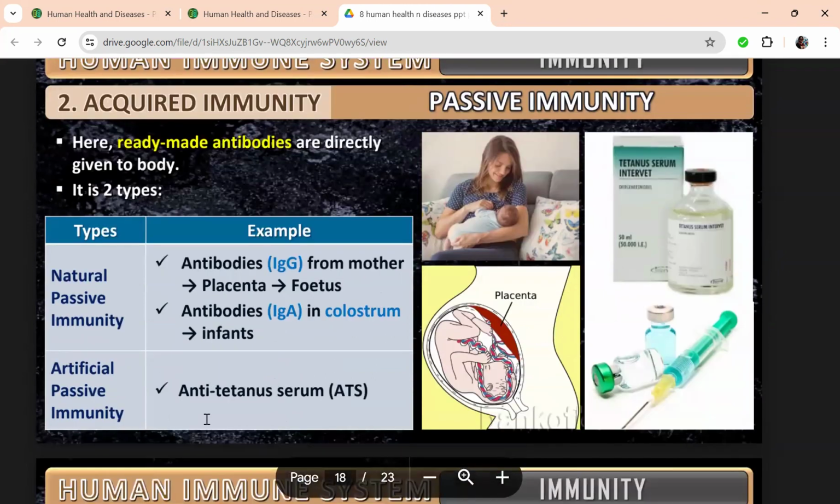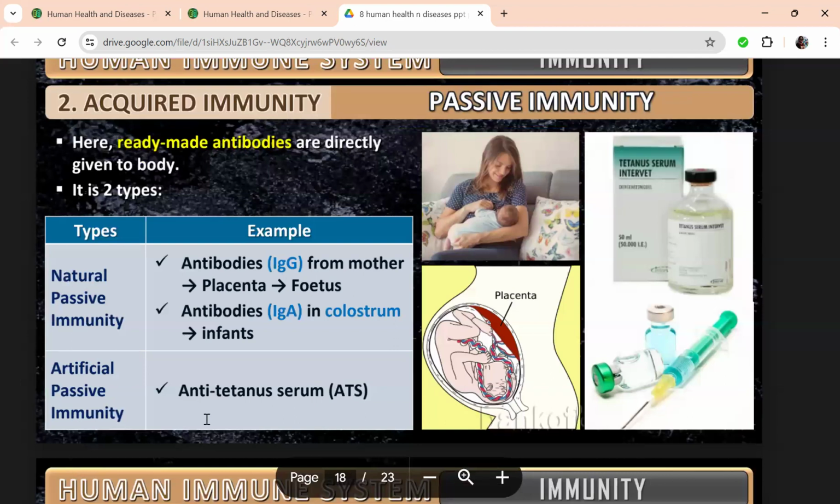Now passive immunity, on the other side: whenever I'm talking about passive immunity, I'm injecting ready-made antibodies. So natural passive immunity would mean antibodies like IgG from the mother, that is, through the placenta to the fetus, and antibodies like IgA in colostrum for infants.